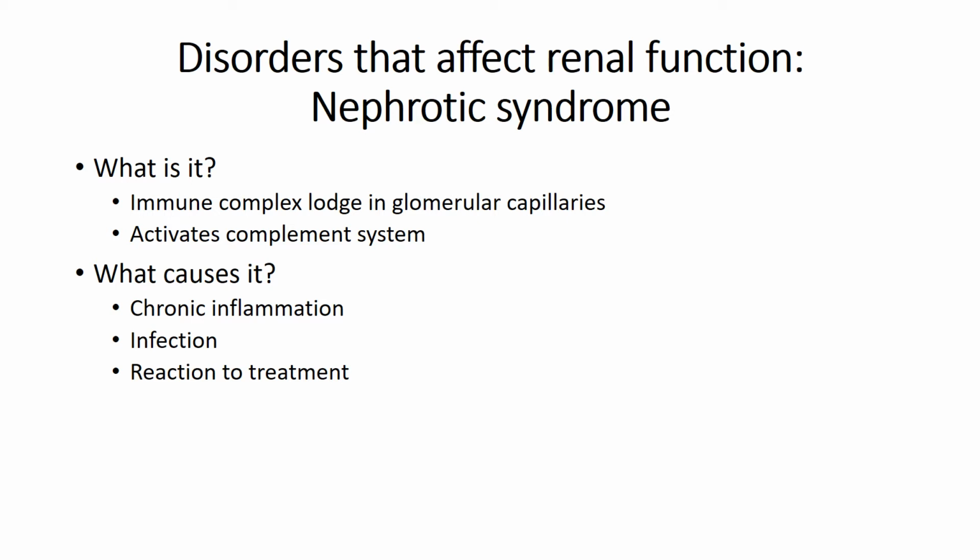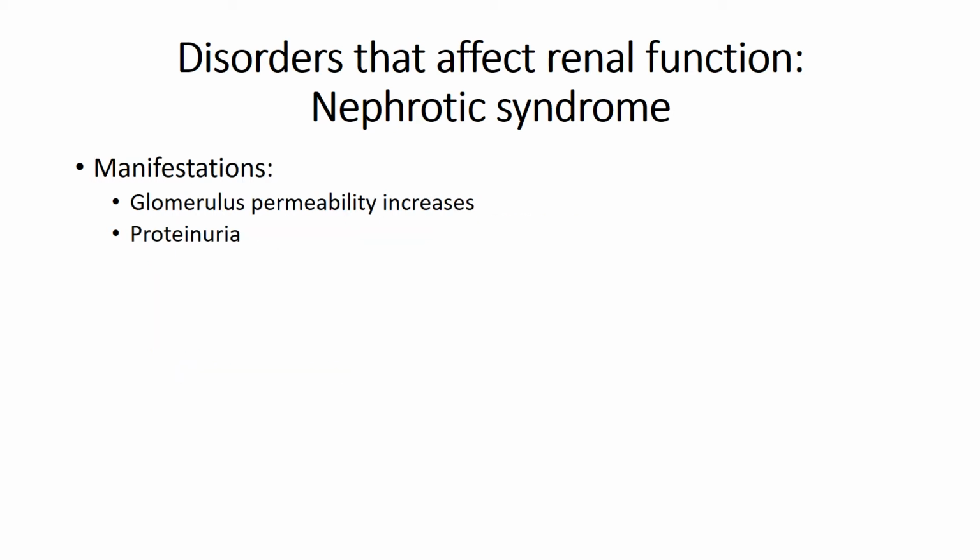Infections like streptococcus infection or mononucleosis, or a response to drug therapy like non-steroidal anti-inflammatory drugs. So the manifestations that we see in this nephrotic syndrome include an increase in glomerular capillary permeability, leading to proteinuria.